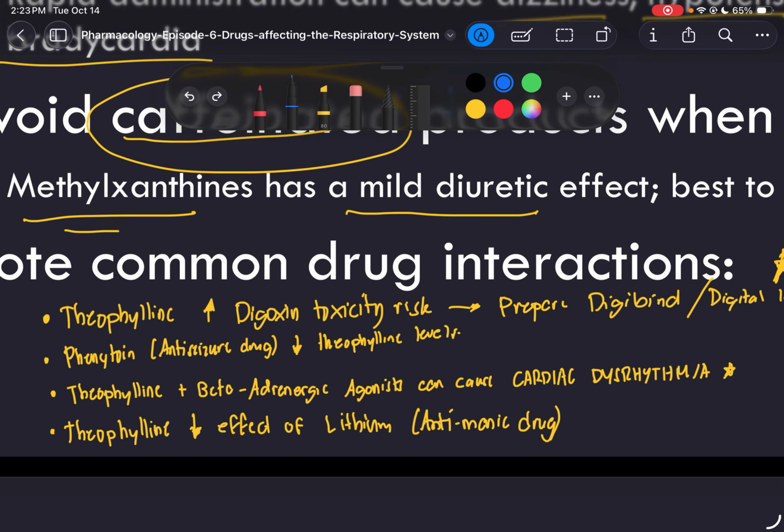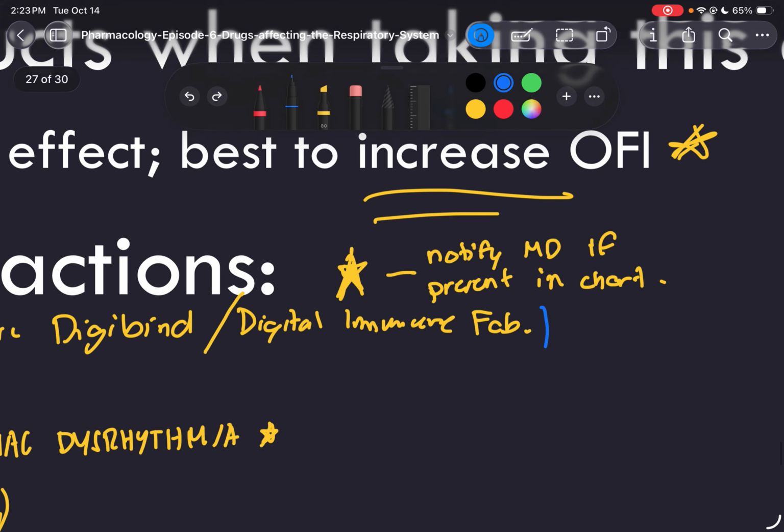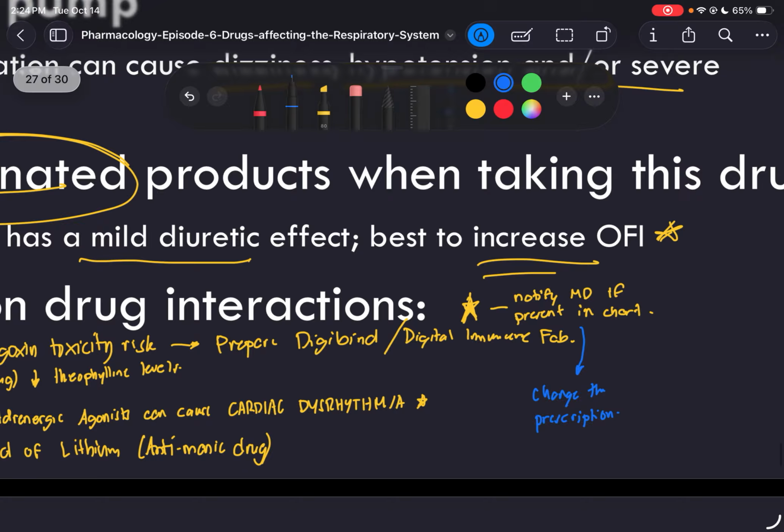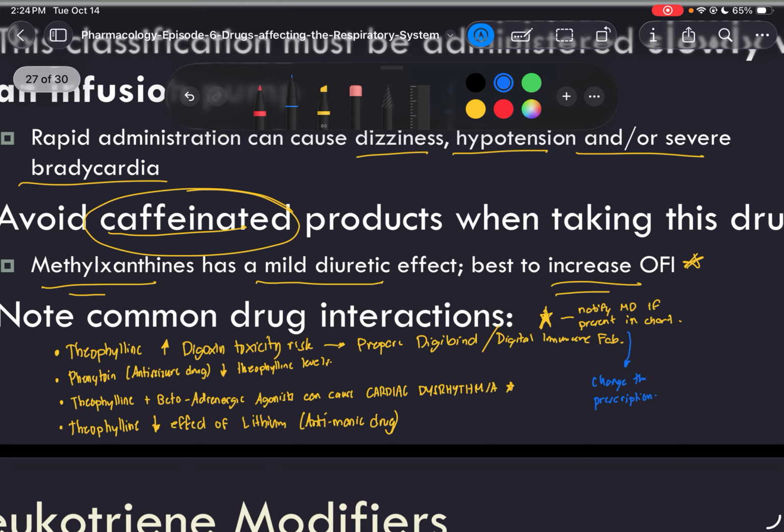This might cause drug interactions, so that they will change the prescription. Remember, as nurses, we cannot change the prescription. However, we are responsible for these drug-to-drug interactions.